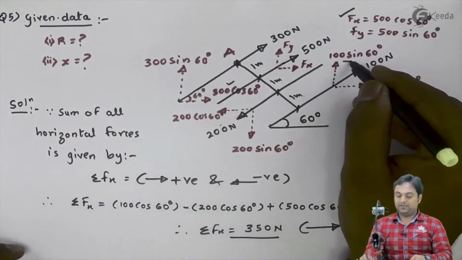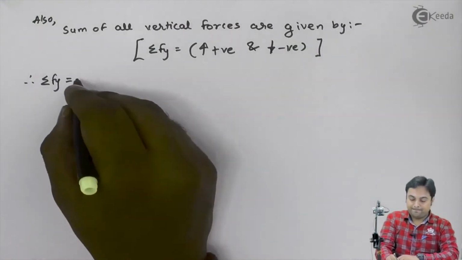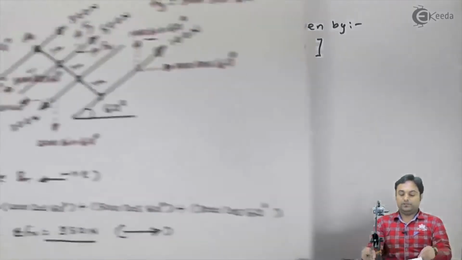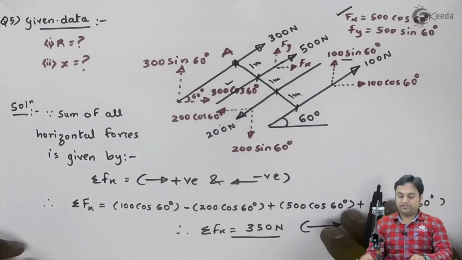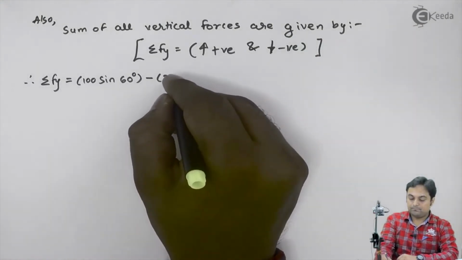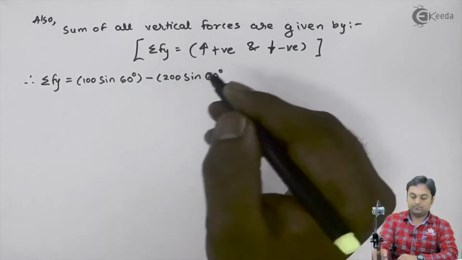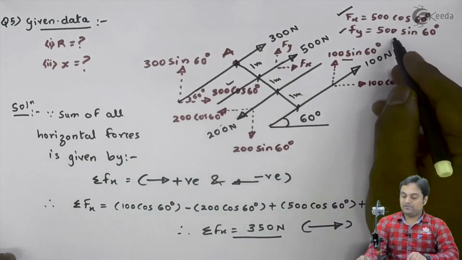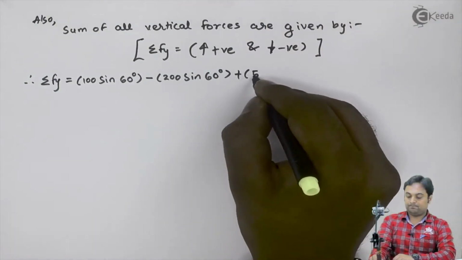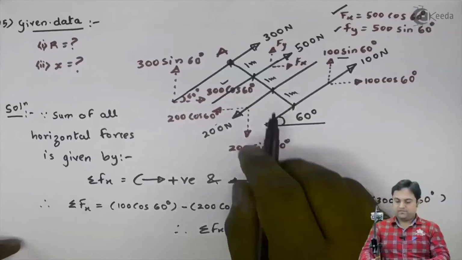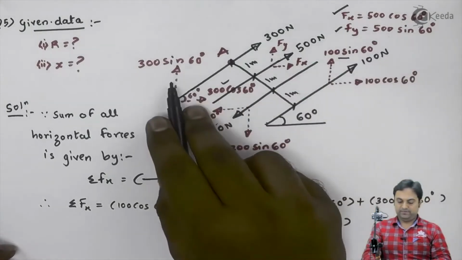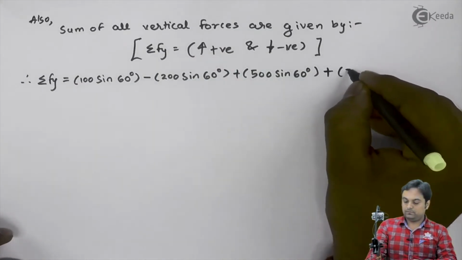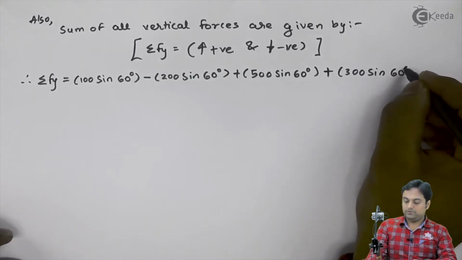I'll take 100 sin 60 as the first force, upward, that is why positive, then 200 sin 60 downward, so negative, next fy is upward, so positive, 500 sin 60, then we are left with 300 sin 60, that is also upward, so it will be plus 300 sin 60.